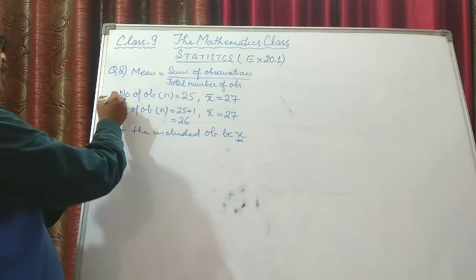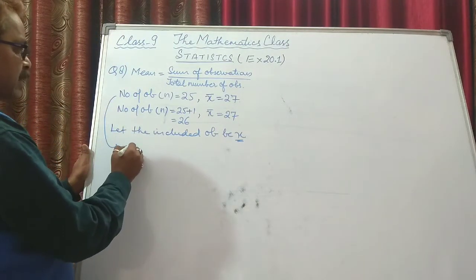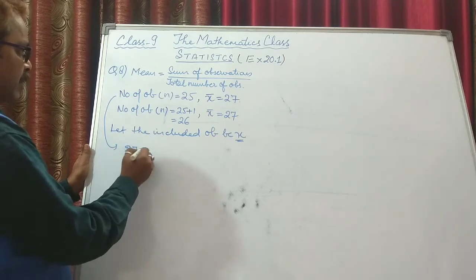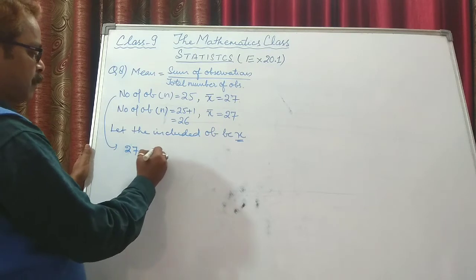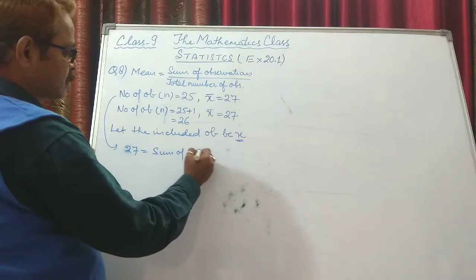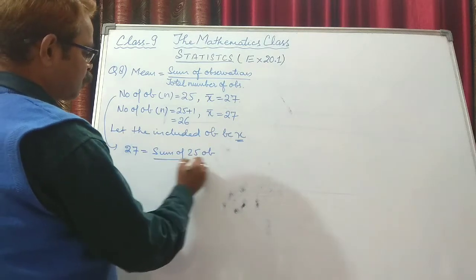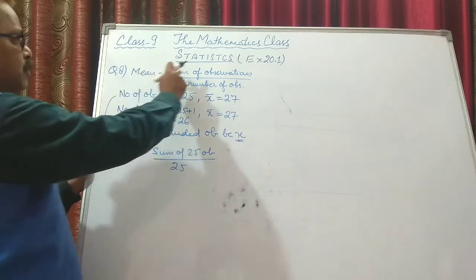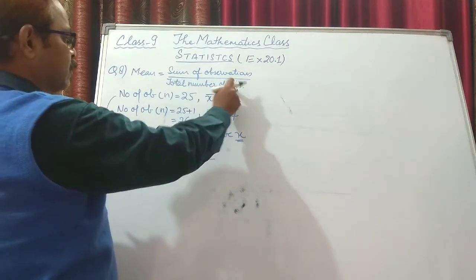So from the first case, we know that x bar, which is given to us as 27, is equal to the sum of 25 observations upon the total number of observations, that was 25. According to this formula, mean is equal to the sum of observations upon the total number of observations.